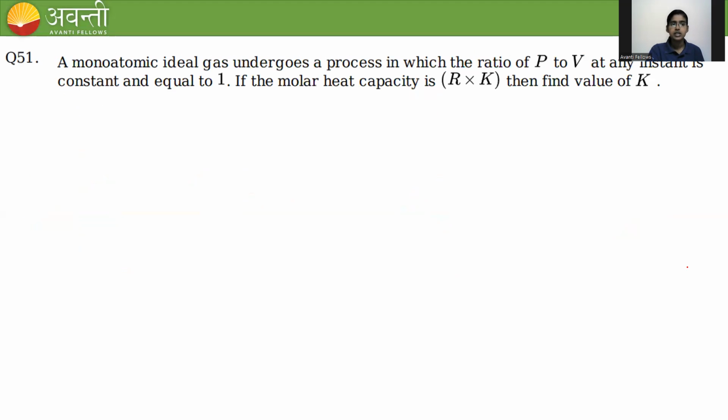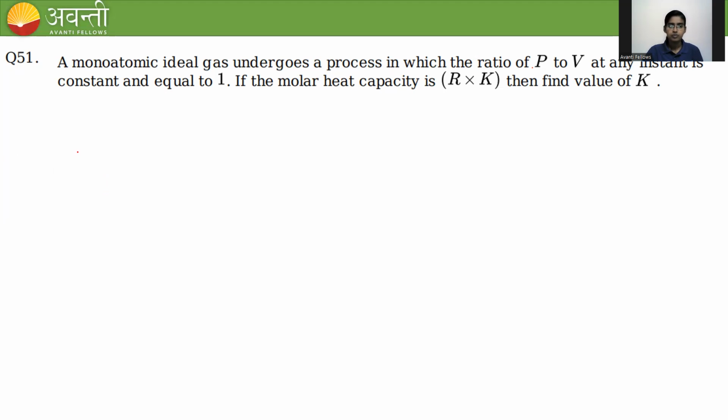Now coming to the next question. A monoatomic ideal gas undergoes a process in which the ratio of pressure to volume at any instant is constant and equal to 1. If the molar heat capacity is R into K, find the value of K. What is given?